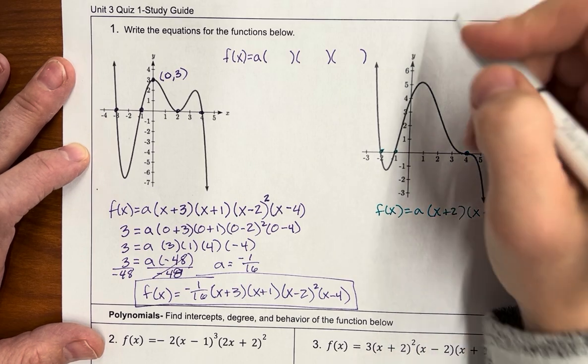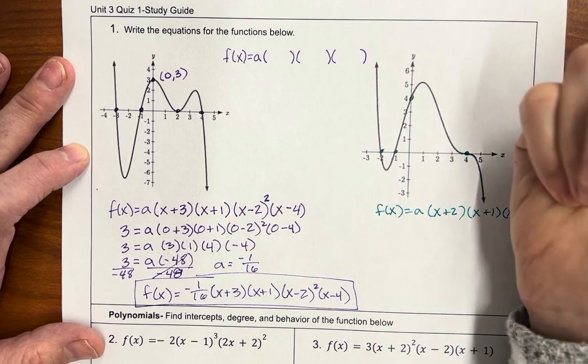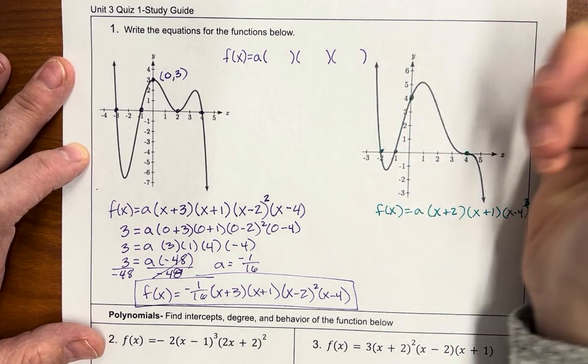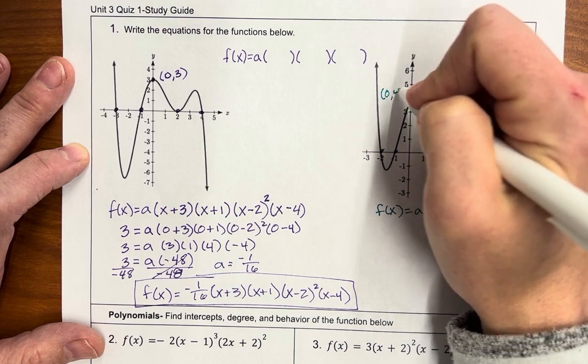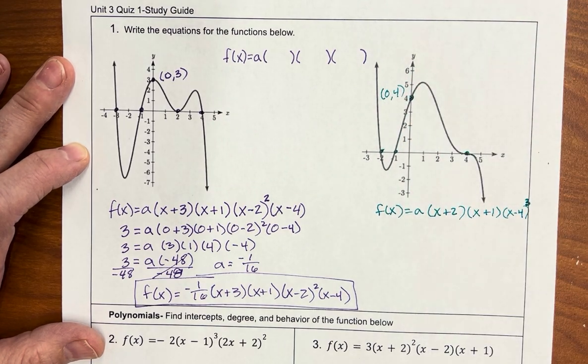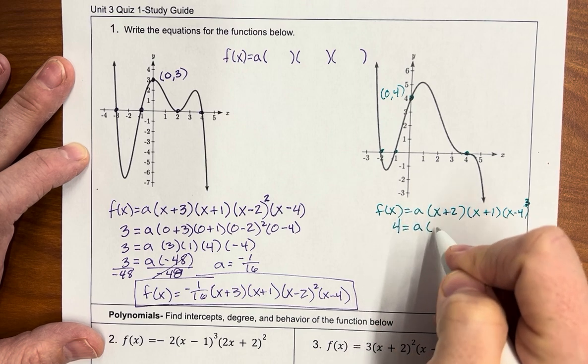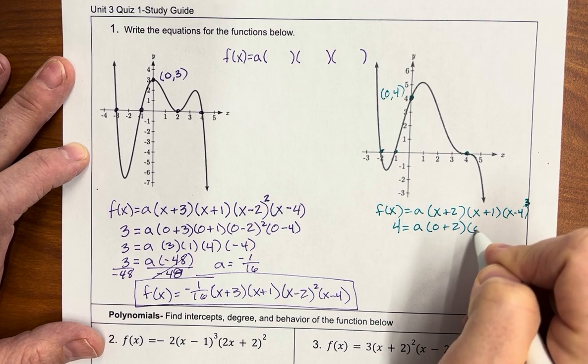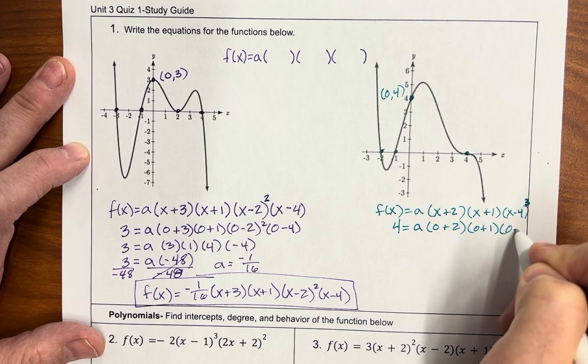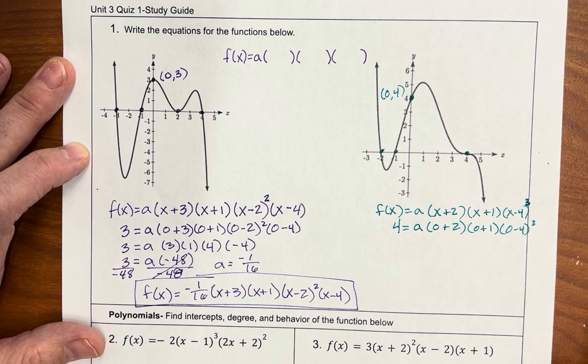So the other point that we have, again, is on our y-axis. It's not always our y-intercept, but in this case, again, it is. So we have a point at 0, 4, so that means f of x is 4, x is 0, so we have 0 plus 2, 0 plus 1, 0 minus 4 cubed.